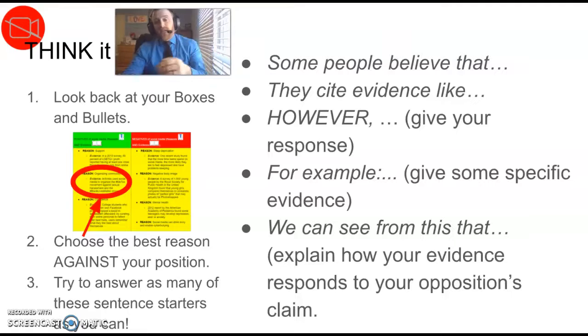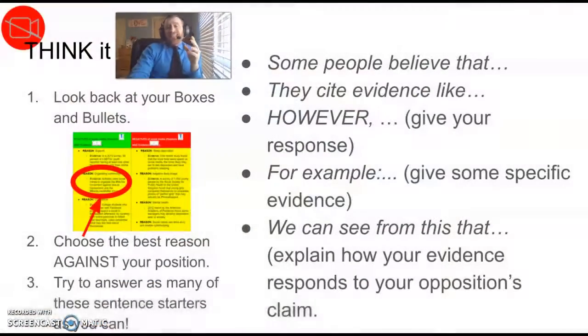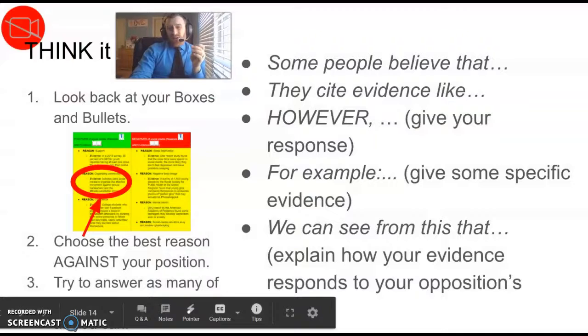Then, for example, bring in some evidence to support your reason, your rebuttal, that proves why you're right and the other side's wrong. And then use, we can see from this that, to explain how your evidence supports your response. So actually, let's do this. Find that good reason, use these thought prompts and think it through in your head. I'm going to pause so you can think it through right now.